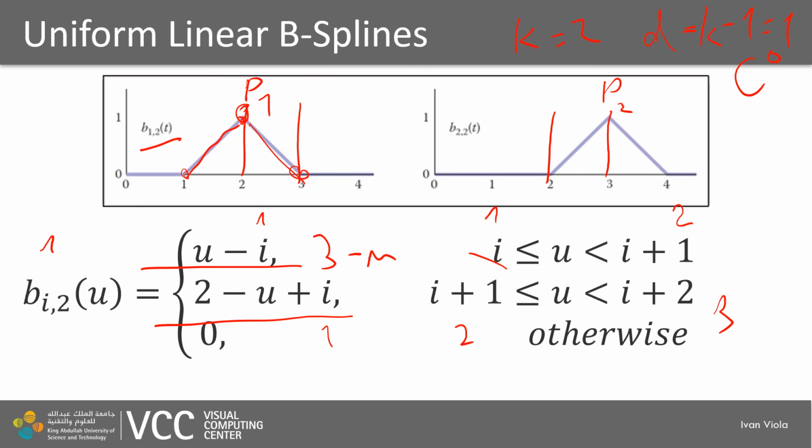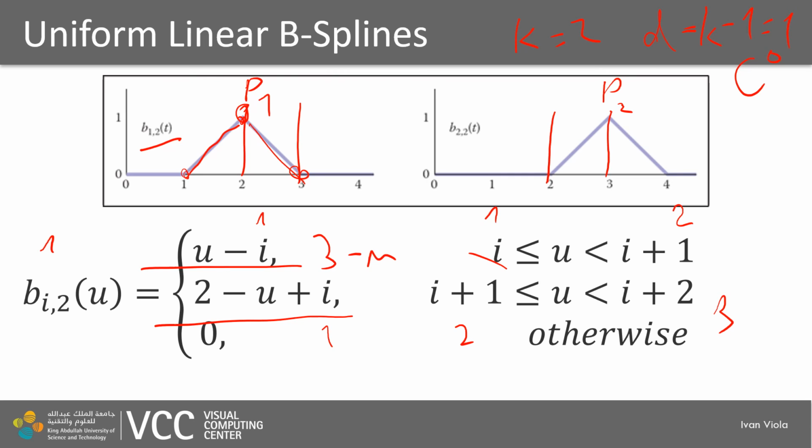We are defining our curve only where the B-spline functions overlap, and in sum, the coefficients are equal to 1.